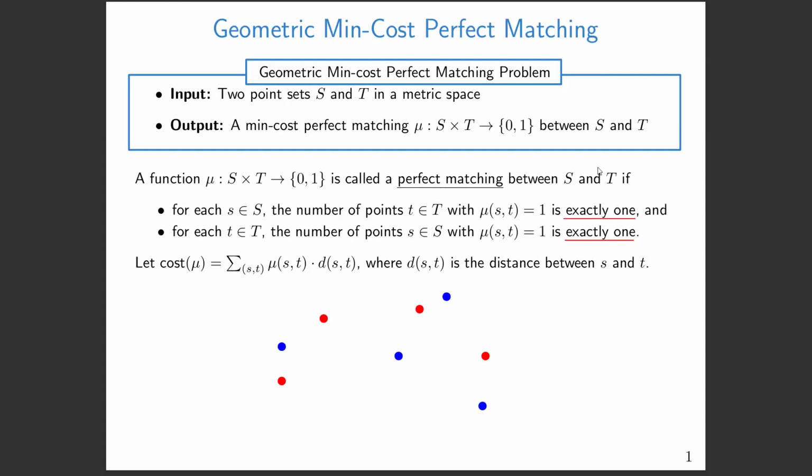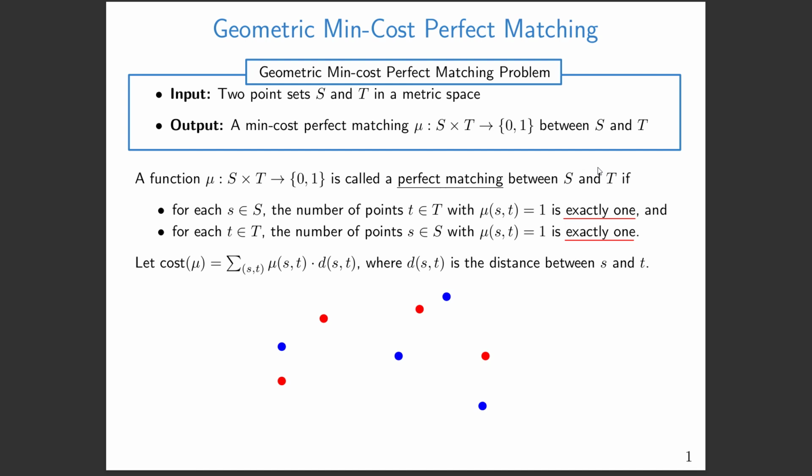First of all, let me introduce the well-known geometric min-cost perfect matching problem. In this problem, you're given two point sets, red points and blue points, and we're going to compute a perfect matching, which is just a pairing between red points and blue points.